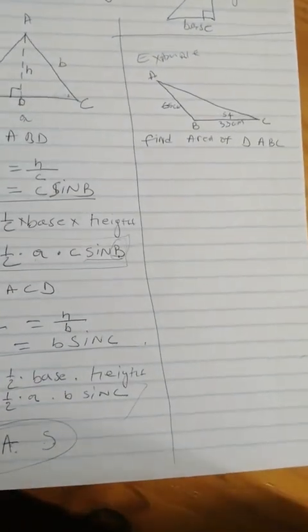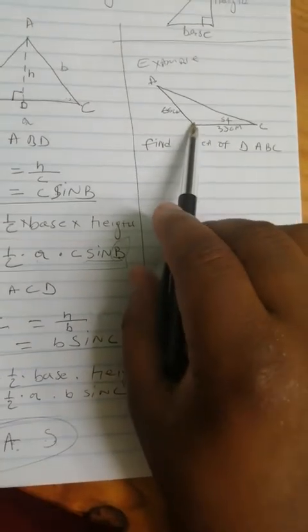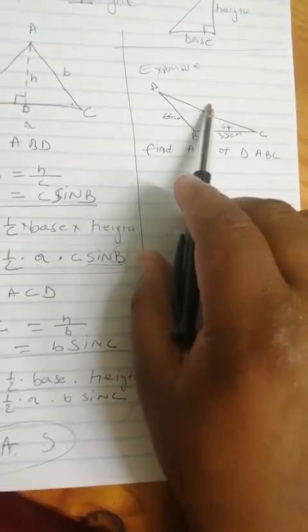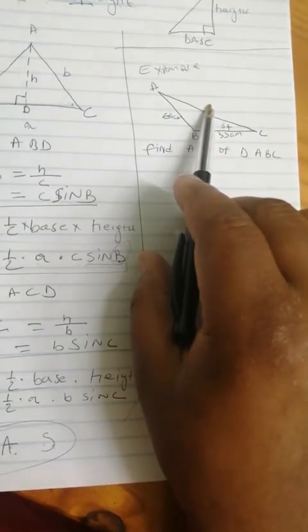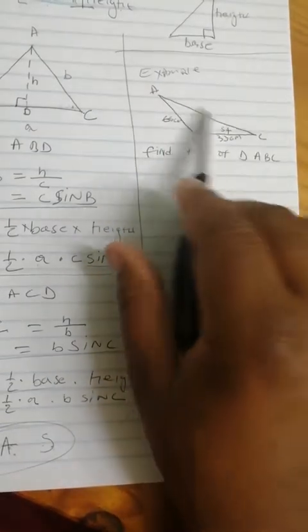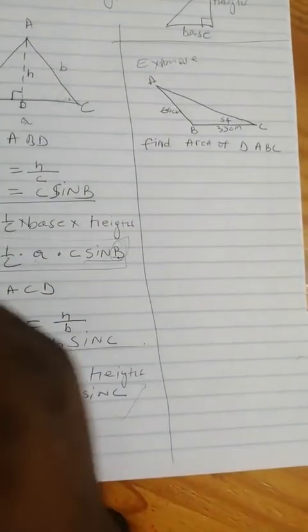But the way of finding this angle, look at the side that is opposite to that angle. That side is also not known. You see? If we had this side, it would be better. We're going to use the sine rule to find this angle.